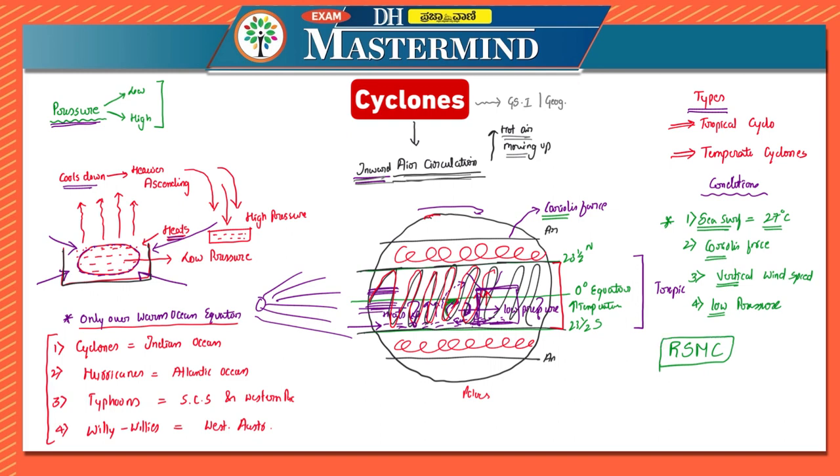It is Regional Specialized Meteorological Centers, along with Tropical Cyclone Warning Centers. So RSMC and TCWC name the cyclones. There are 6 RSMCs in the world, including the Indian Meteorological Department, and then there are 5 TCWCs.